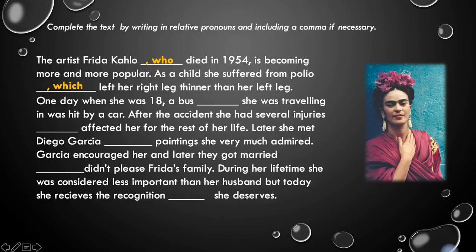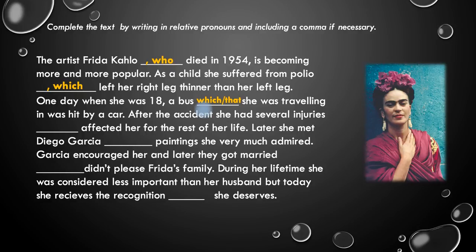Again, this information is extra. One day, when she was 18, a bus, which or that she was traveling in, was hit by a car. This information is not extra, that's important for us. Yeah, which bus?